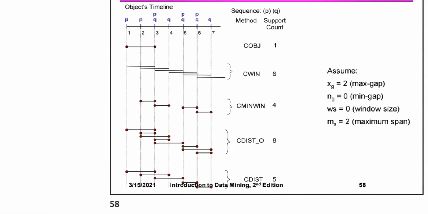Frequent item sets are presented in the Apriori algorithm, but over here we call it frequent subgraph mining. So we'll continue in the next class.